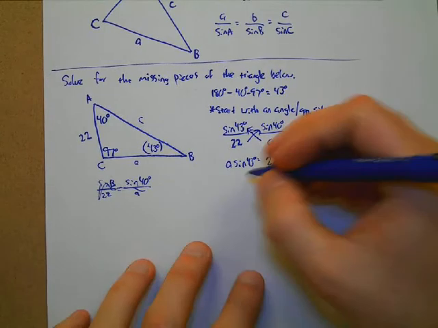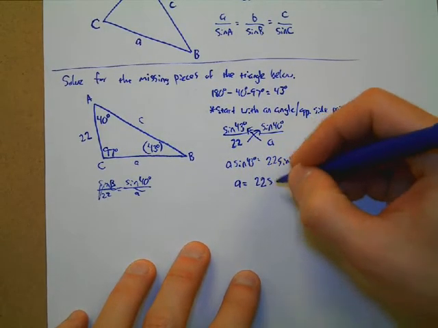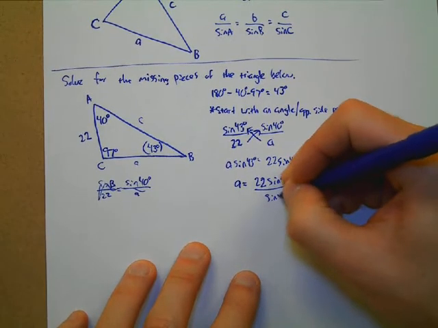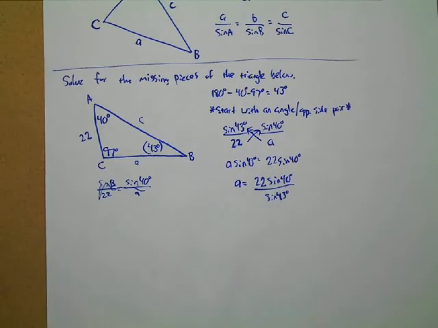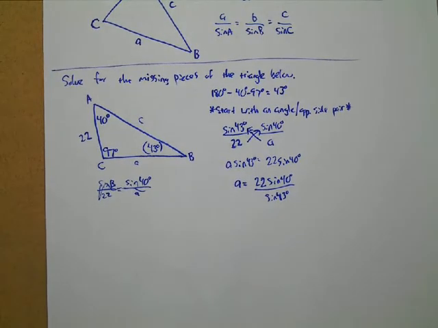But of course, typically we want to get the actual value here. How do we go about getting this value? Use your calculator, that's right. We want to make sure we type this in accurately: 22 sine of 40 divided by sine of 43.